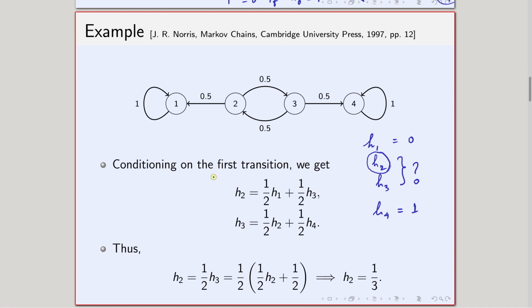Now you see that H2 is basically the probability that in finite time I will be in state 4 starting from 2.